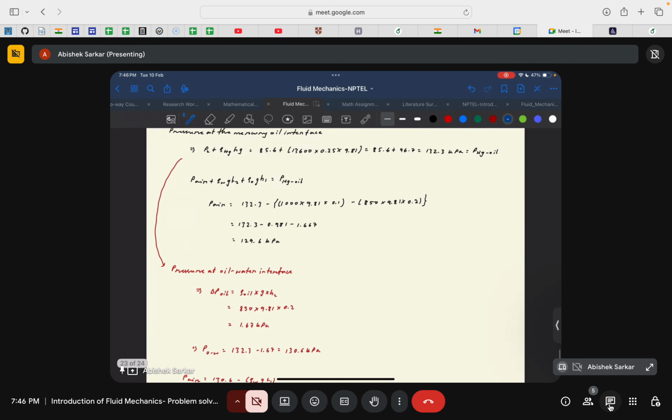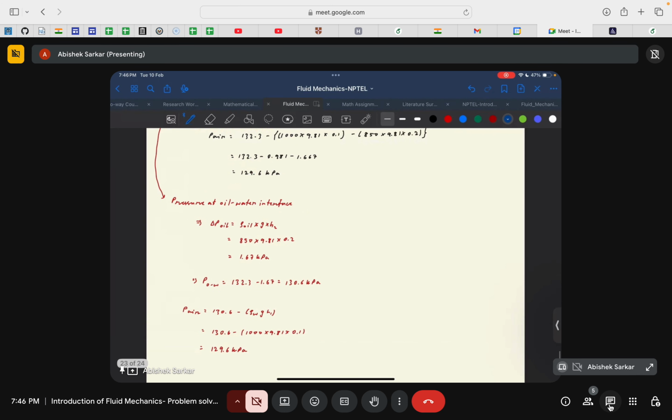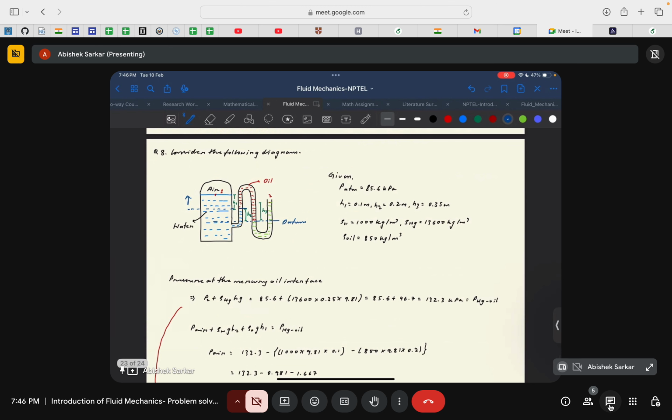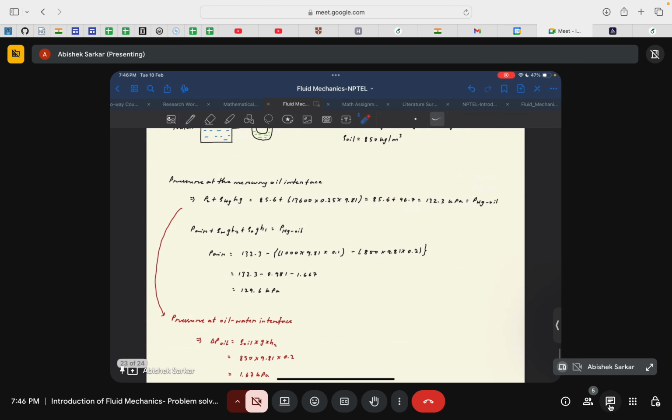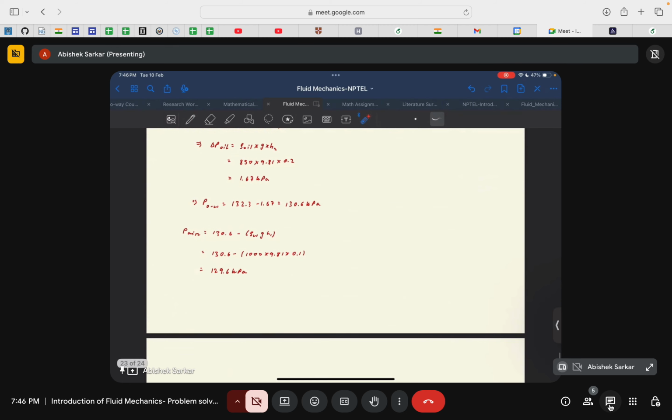So P here would be 130.6, the pressure at the oil and water interface, minus rho W g H1, where H1 is the height of this column. That is 130.6 minus 1000 times 9.81 times 0.1, or 129.6 kilopascal, which is almost equivalent to 130 kilopascal.